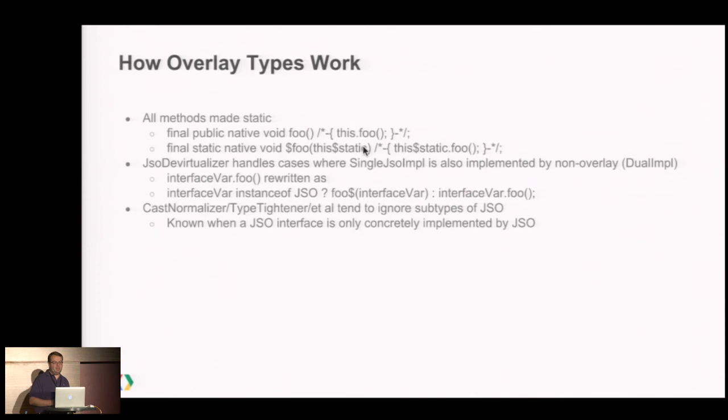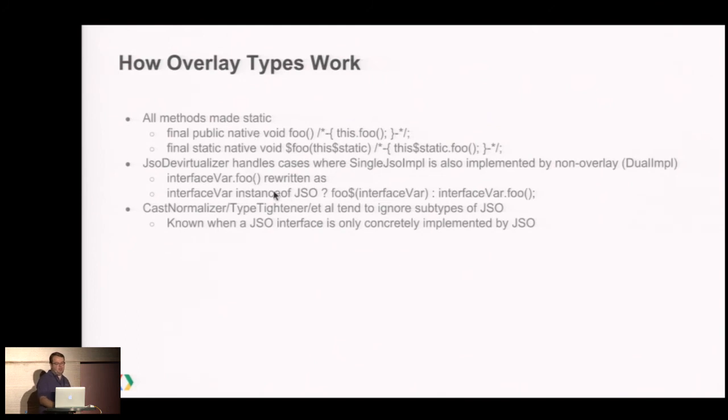All overlay types are essentially utility classes with static methods, even though they appear to have instance methods. That's one reason why overlay types must be final. You cannot overload or override a method on an overlay type because we turn it into a static method.